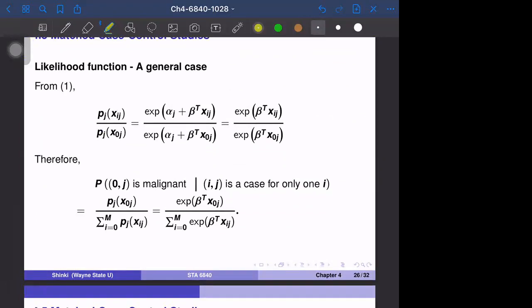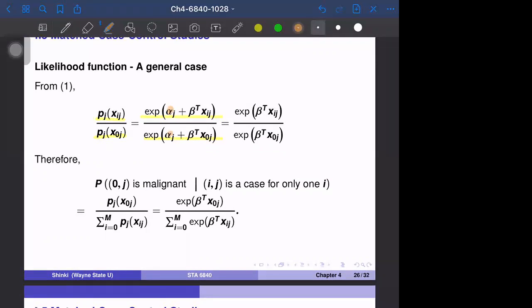To write down the likelihood, we do some simplification. We have defined p sub j of x_ij as this quantity. Plug in i is equal to 1, then this becomes this, and this is an exponential function. So this alpha_j and this alpha_j cancel.